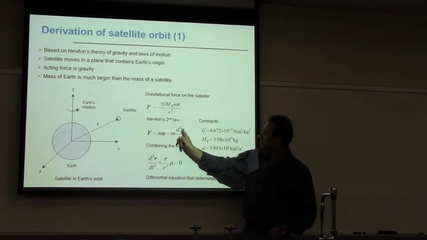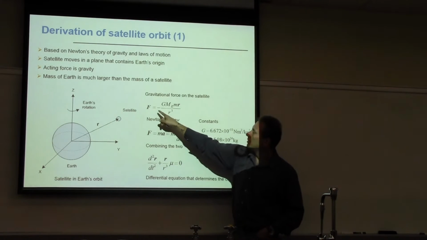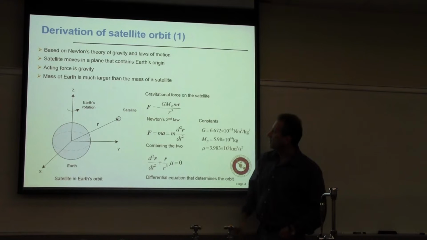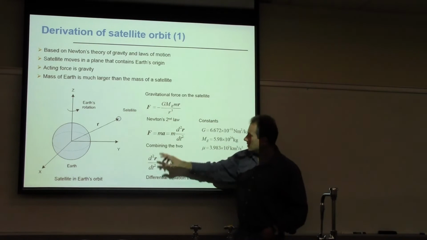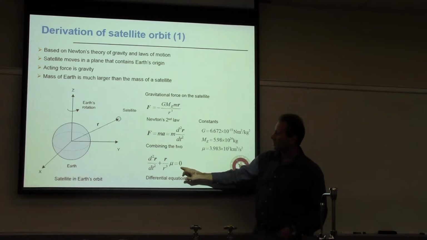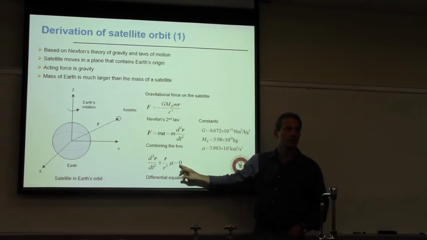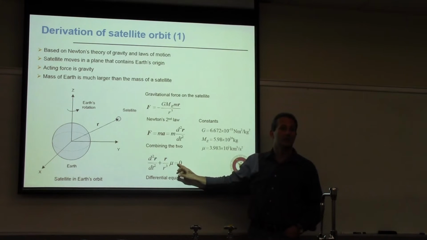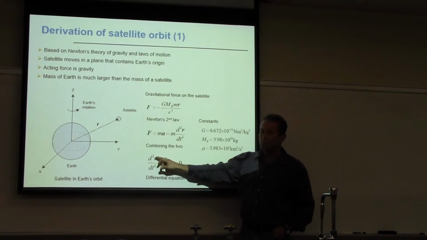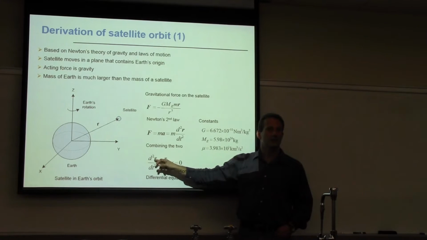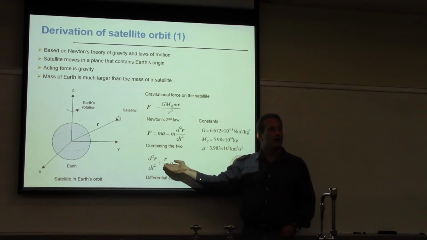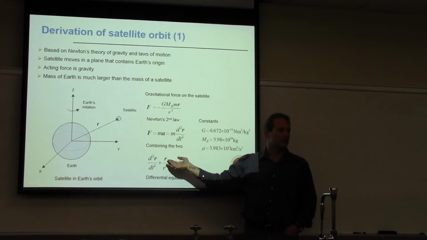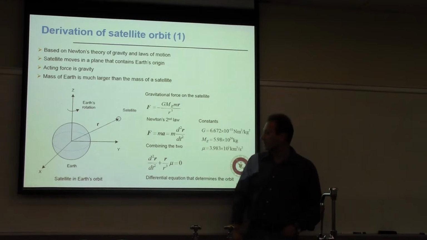So now if you take this here and put it on the left-hand side, and then put this on the other side, you end up with this differential equation, which is a second-order differential equation of a vector variable, right? It's second order because it features the second derivative with respect to time, and r has 3 coordinates, right? It's a spatial coordinate.